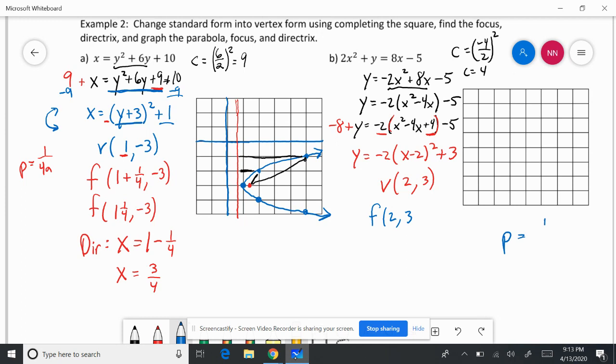Now, just remember, p is 1 over 4 times a. A is -2, so that would be -8. So I have 3 plus a -8. So that means my focus is going to be 2 and 7.